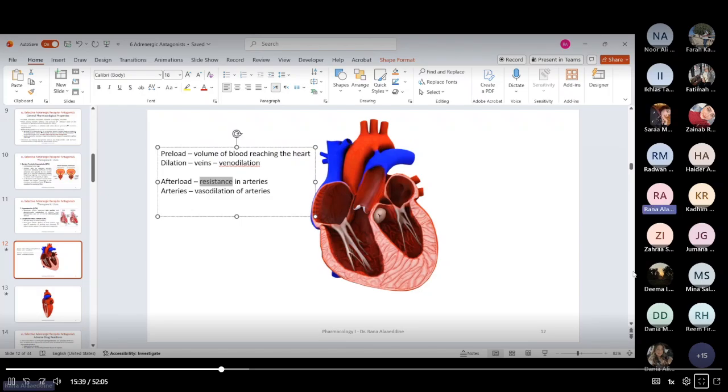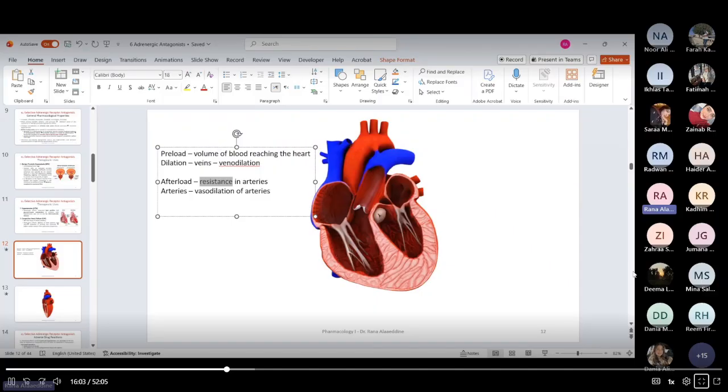So let me summarize. When the heart is weak, when we have heart failure, it would be smart to dilate both the arteries and the veins, but for different reasons. I want to dilate the veins because I'll be decreasing the amount of blood coming in, so the heart doesn't work so much.